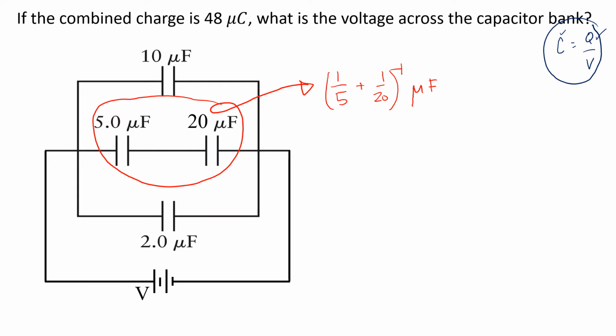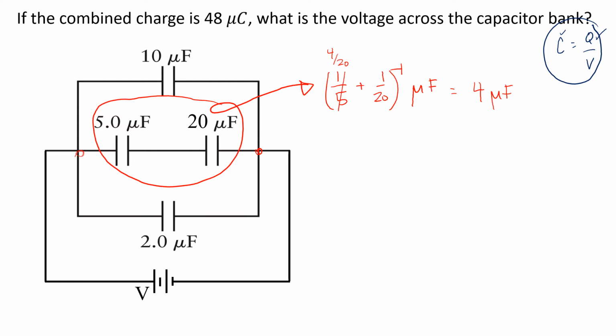So this is 4/20ths, 5/20ths. Take the reciprocal, that's 20/5ths or 4 microfarads. So this capacitor behaves as if between this point and this point here, it behaves as if it's a 4 microfarad.